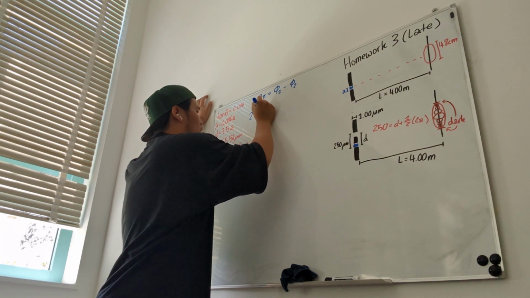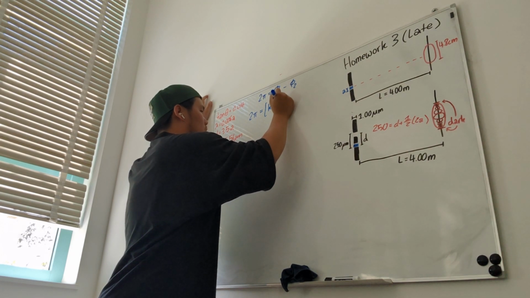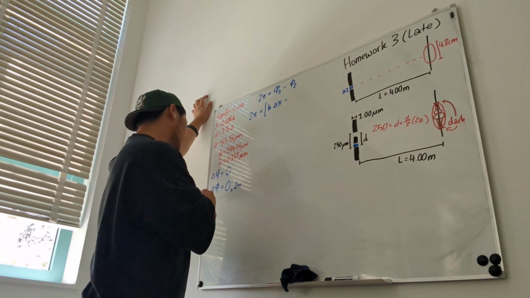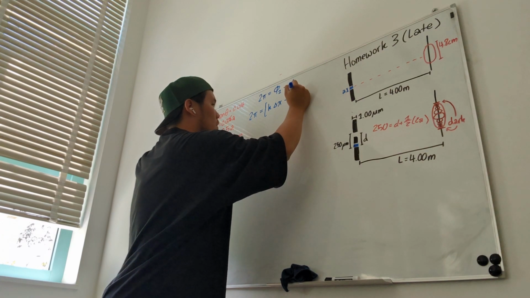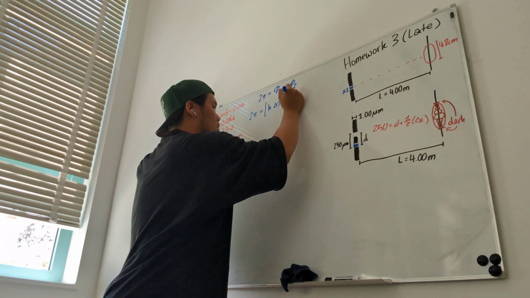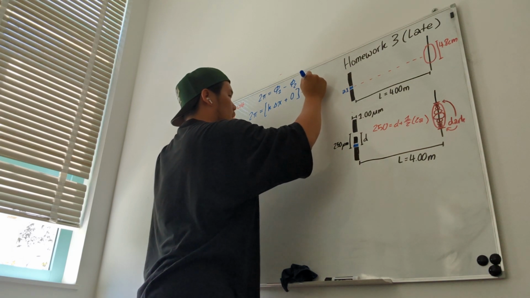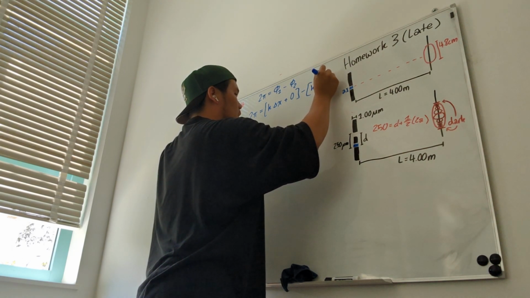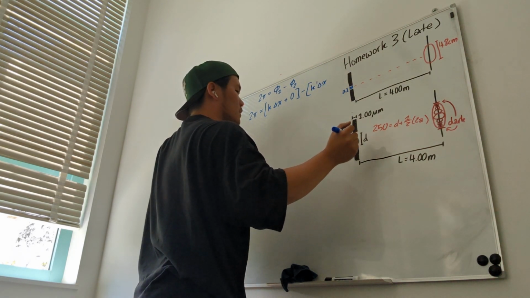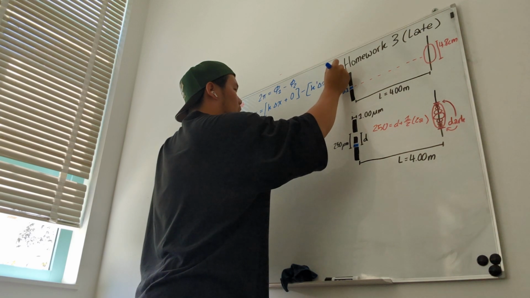Expand it out. 2 pi is equal to k delta x minus phi, which is 0, plus 0 minus k prime delta x, because we're getting messed with here, plus, again, 0.